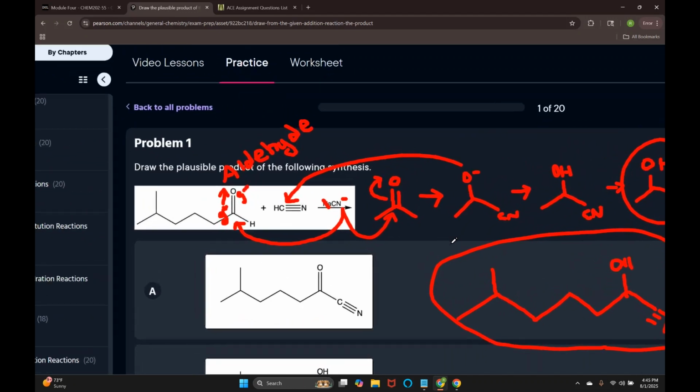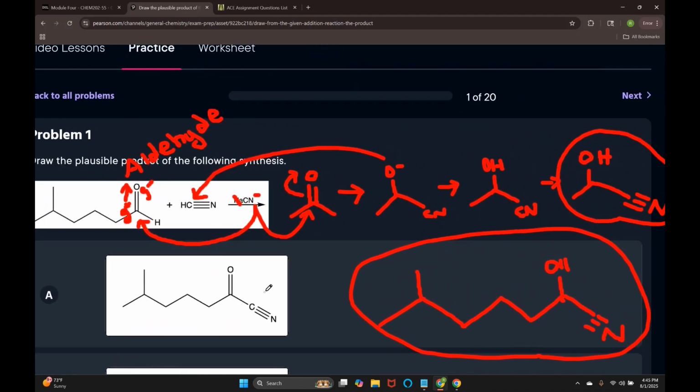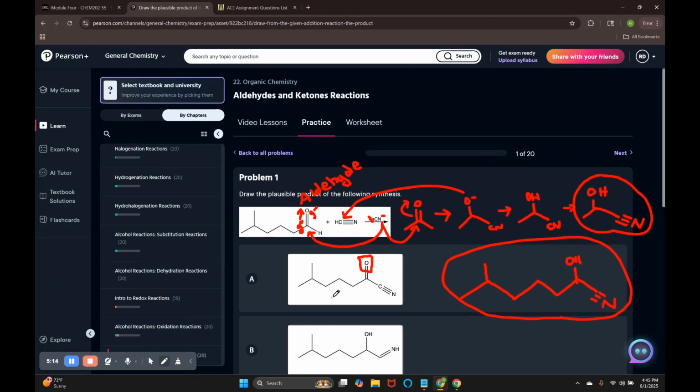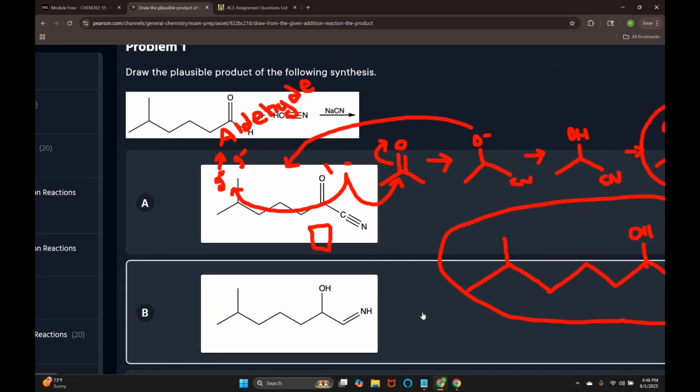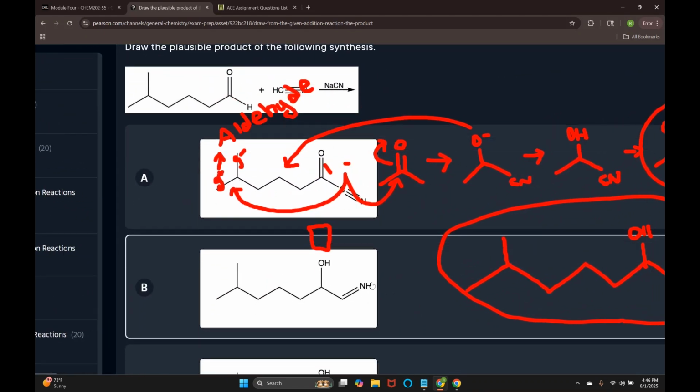All right. So if we look at option A, we do have the CN bond, which is great. However, we still have the double bonded oxygen, and that is not correct. So A is wrong. Let's go ahead and move down a little bit. B, we have a double bond with an NNH.